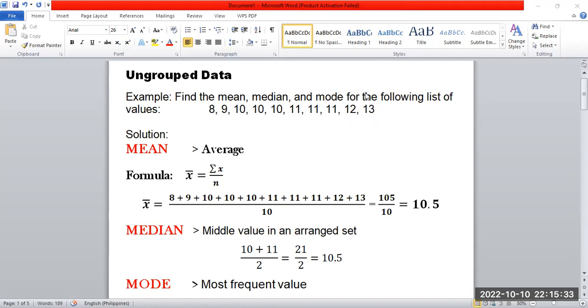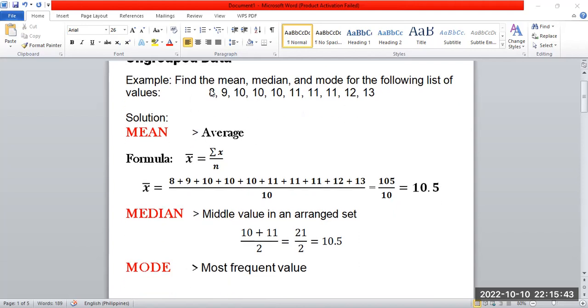For you to find the median or the middle part, madali lang hanapin ang median when the n is equal to an odd number kasi may middle ka agad. But since our n is equal to 10, 10 is an even number. Even number, ibig sabihin, walang gitna.